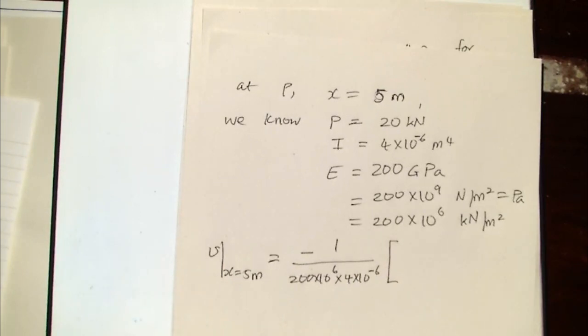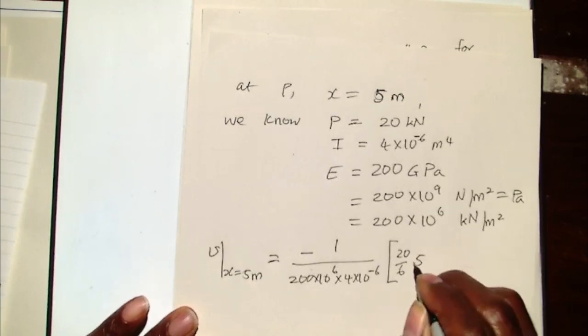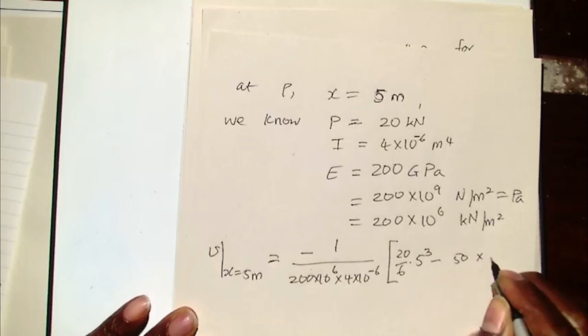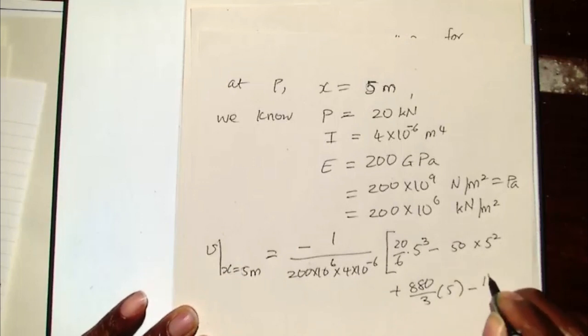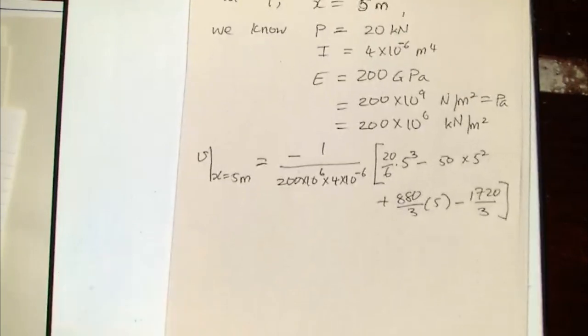And then I'm going to put all the other values in. So I'll have 20 over 6 times 5 raised to the power 3 minus 50 times 5 raised to the power 2 plus 80 all over 3 times 5 minus 1720 all over 3. And then the rest is just number crunching.